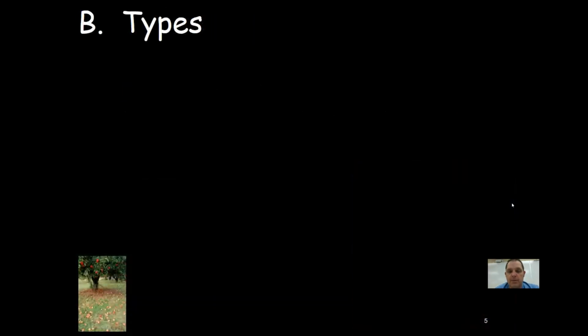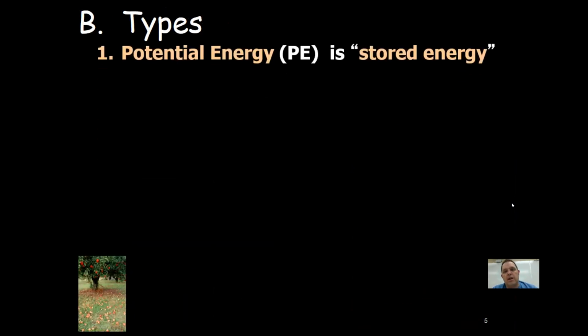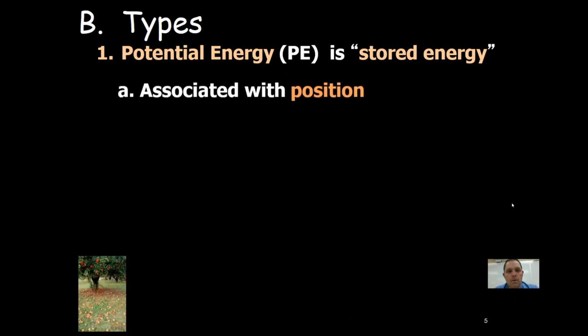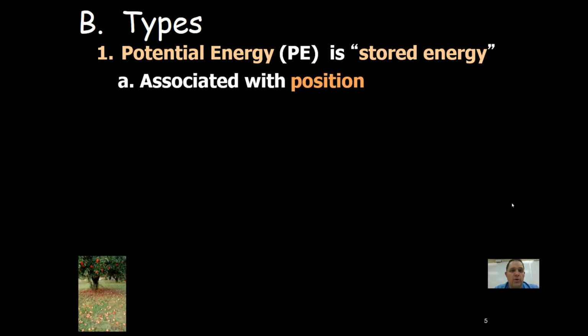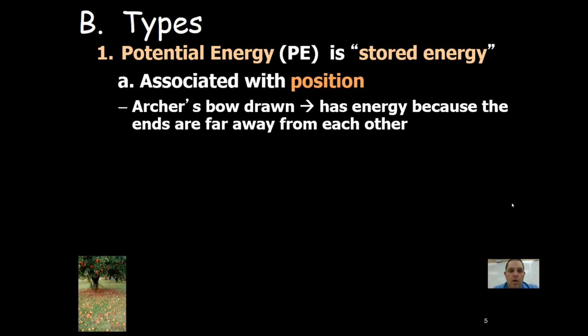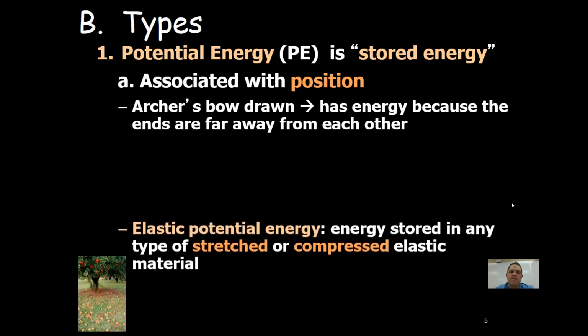Now there's a couple types of energy, but today we are just going to talk about potential energy, or what we would call stored energy. This is associated with its position or height, if you will. When an archer draws back a bow, it creates that energy pulling back.